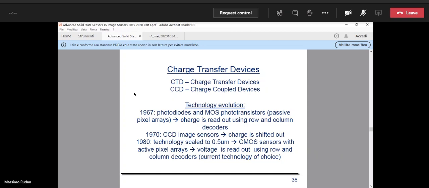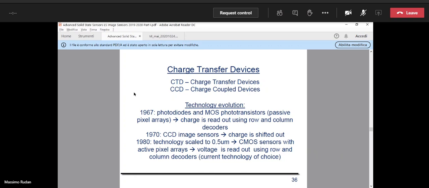One of the reasons is the following: if you manufacture an array of photodiodes or an array of photocapacitors or similar, you must read the information of each optical sensor individually.